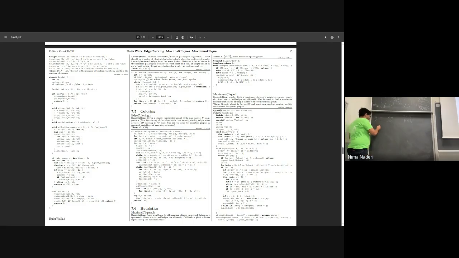And in the graph, an edge from U to V is saying that if AU is true, then AB is also true. This is the definition in our graph.